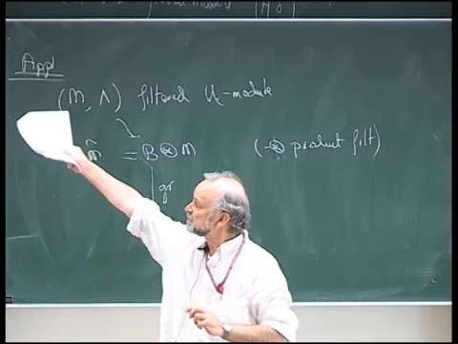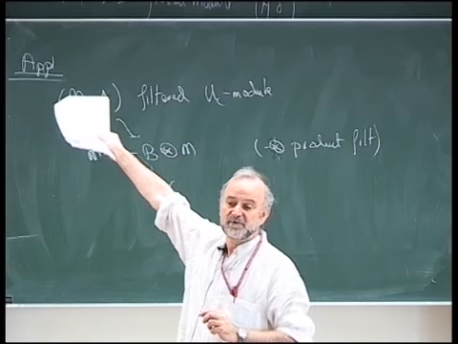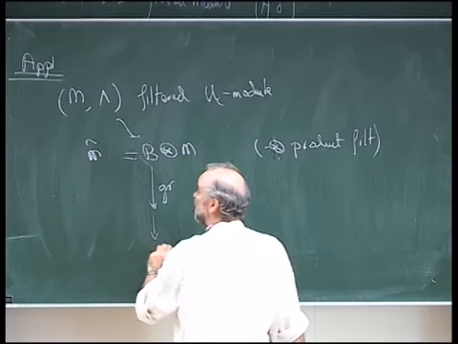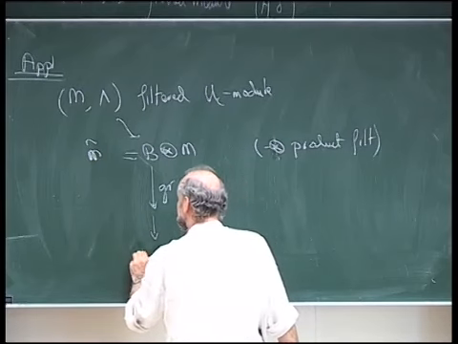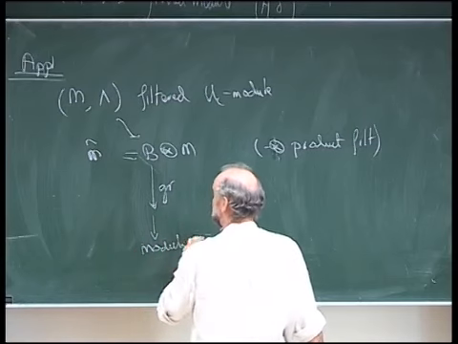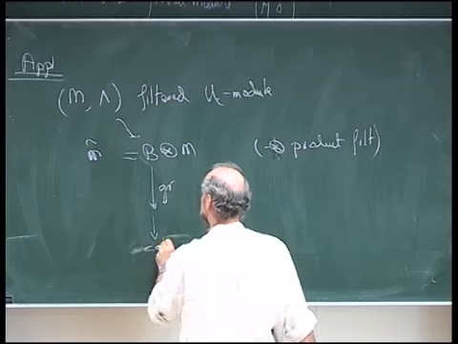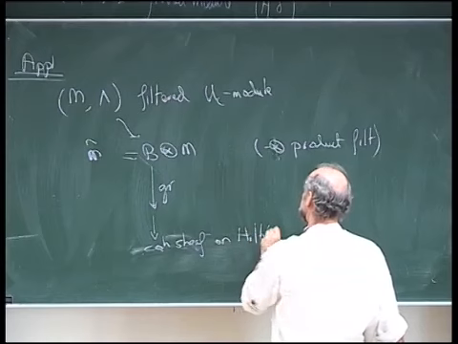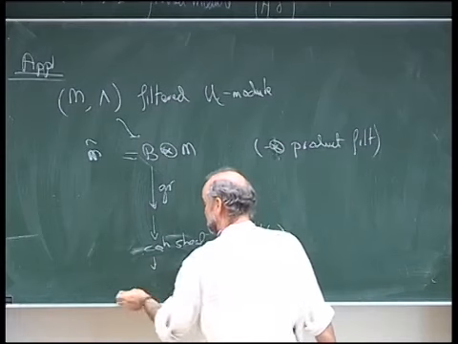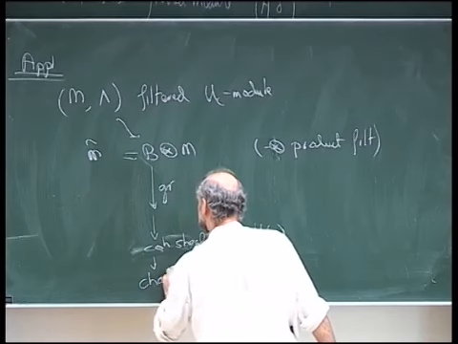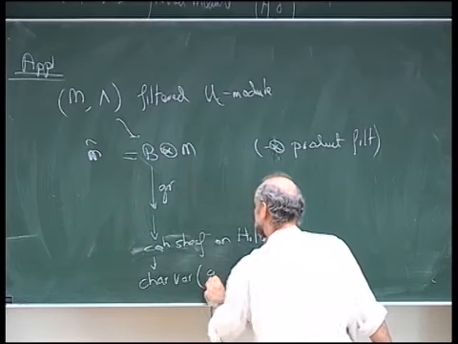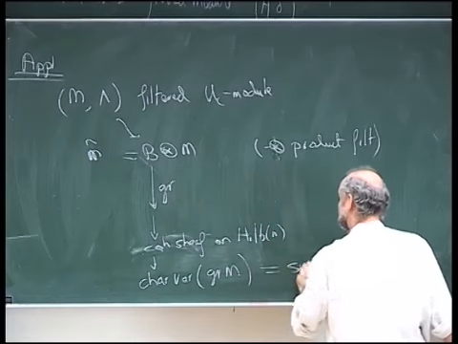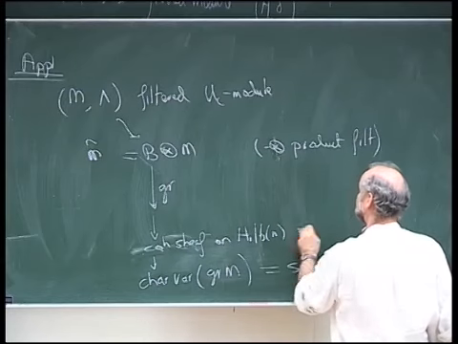That gives me a module over this A hat, or equivalently over A. And then I can go to Proj, and I get a module, or coherent sheaf, on Hilb_n. And the natural thing then is you take the characteristic variety of gr M. So that's the support. I call that phi then.